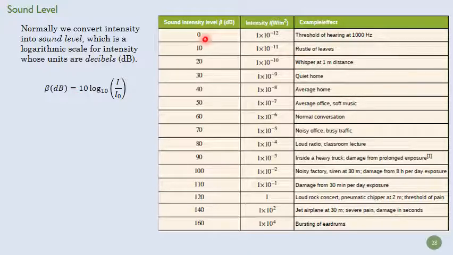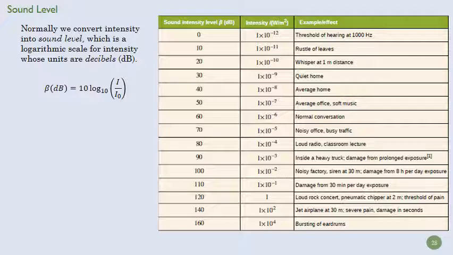Okay, so with each step up by an order of magnitude of intensity, from 10 to the negative 11th to 10 to the negative 10th, that's, in other words, 10 times more intensity. It goes up by one step from 1 to 2, but then that's multiplied by 10. So every step up of 10 on the decibel scale means an order of magnitude increase in intensity.